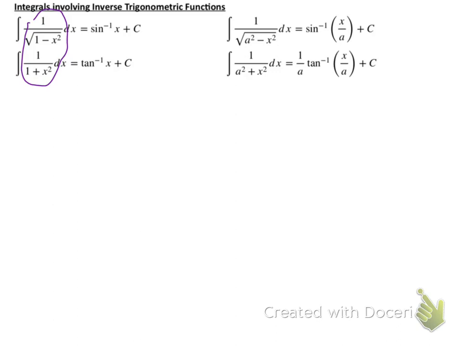Or in general, when you have the square root of a squared minus x squared, or a squared plus x squared with no square root, you can find their antiderivative by using the formulas of these two.